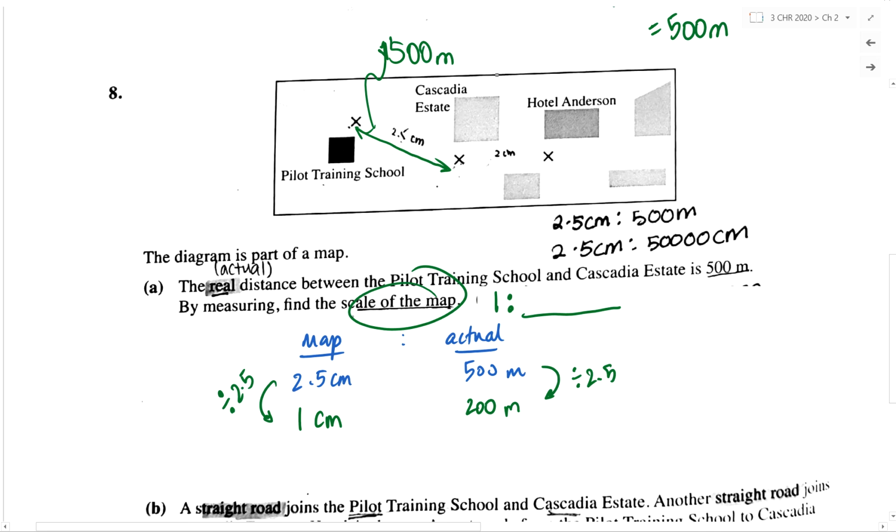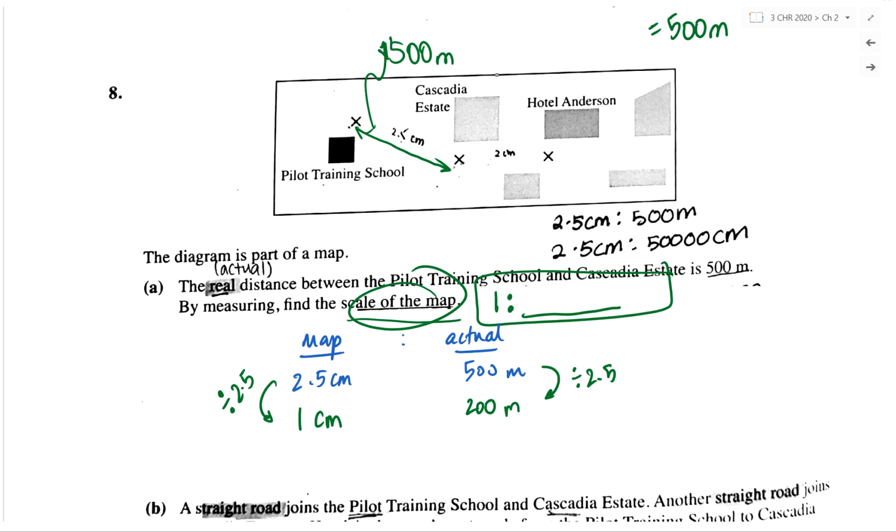Then, because we want to find the scale of the map, that means our final answer is in a ratio. It must be 1 is to something. When the final answer is in ratio, must there be units? Cannot have units. If cannot have units, then the units must be the same. Do they currently have the same unit, 1 cm to 200 meters? No, what should we do? Which one do you want to change? You want to change the cm to meter or meter to cm?